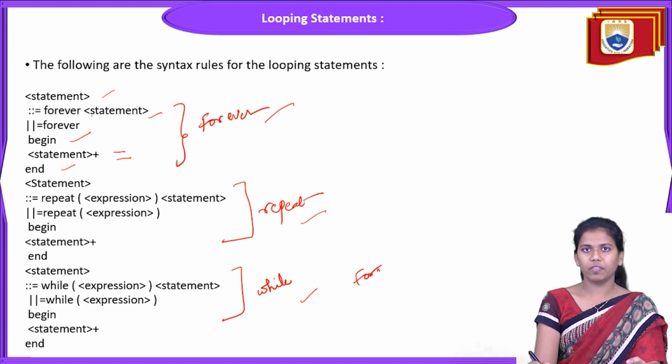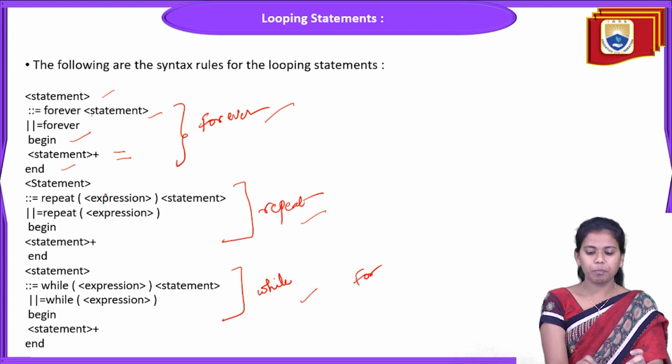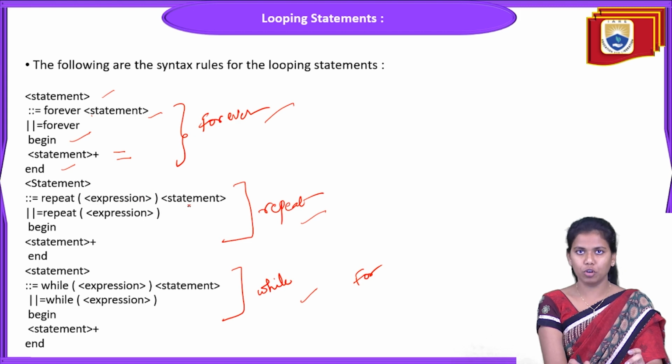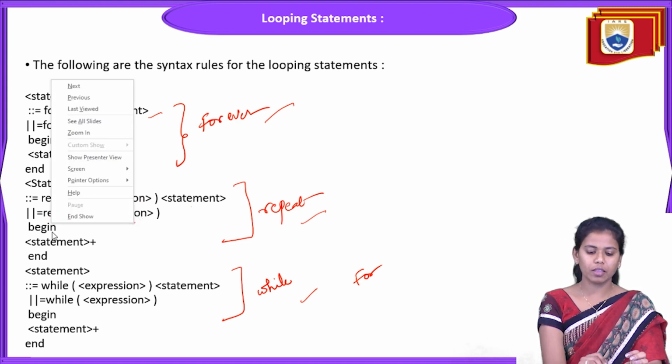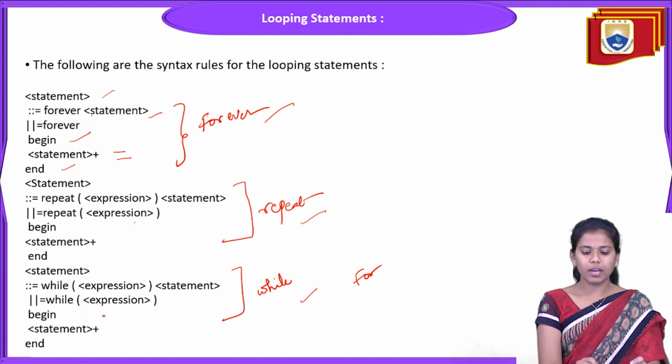For each of them, the syntax goes like this: forever statement begin, statement, and this is for repeat. For repeat, the expression is followed with a statement, and then begin. This is for while: while expression begin.